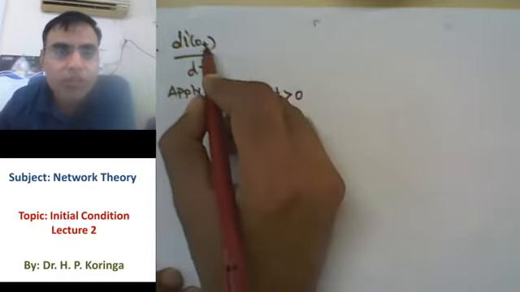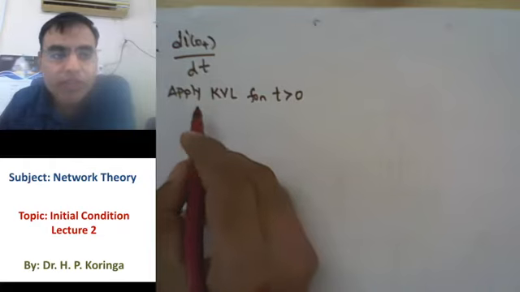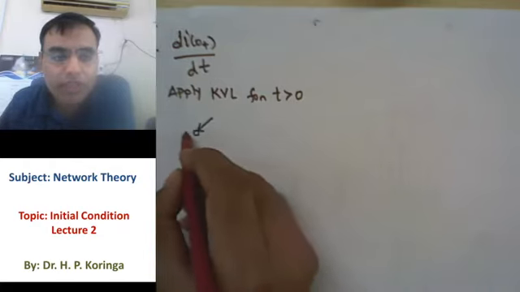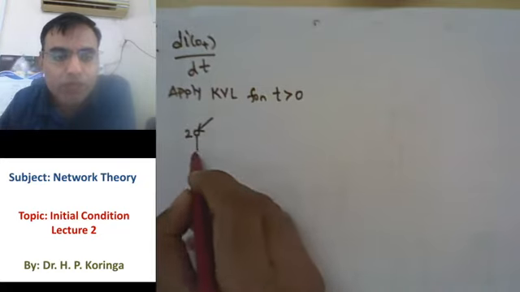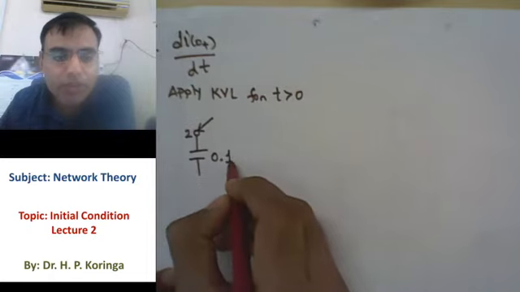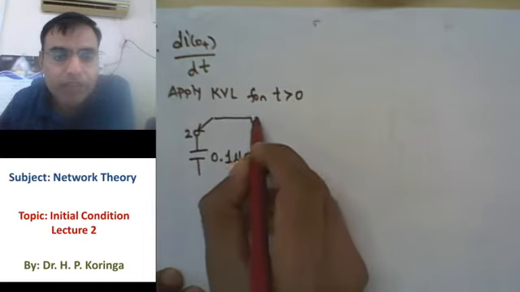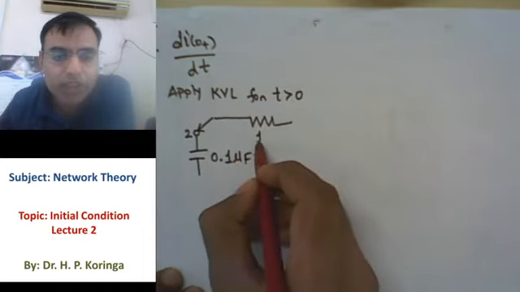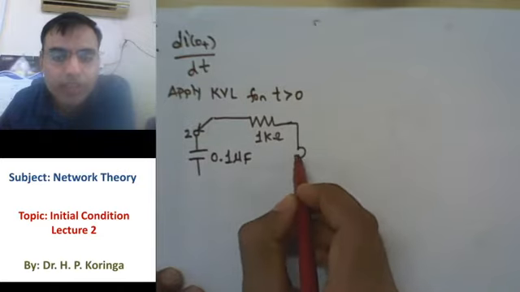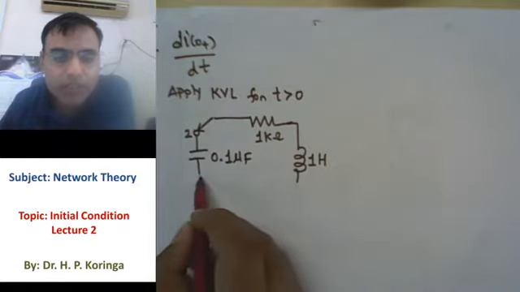Let me draw the network at t greater than 0. The switch is connected at position number 2, where we have a capacitor of value 0.1 microfarad, a resistance of value 1 kilo ohm, and an inductor of value 1 Henry, right?